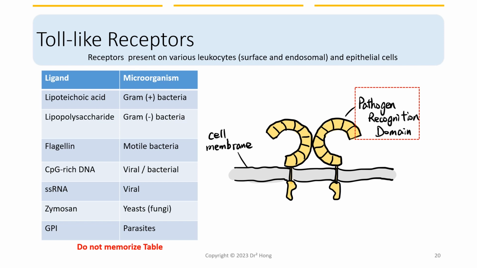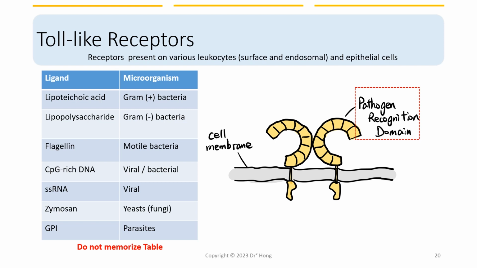We will focus on the pathogen recognition domains, which often sit on the outside of the cell membrane facing the environment. Here is a table looking at different ligands from different microorganisms. These are all examples that can be recognized by specific subtypes of toll-like receptors.